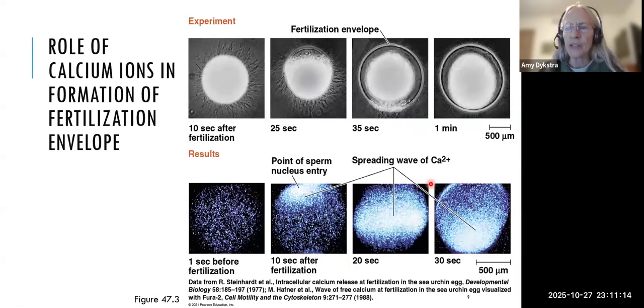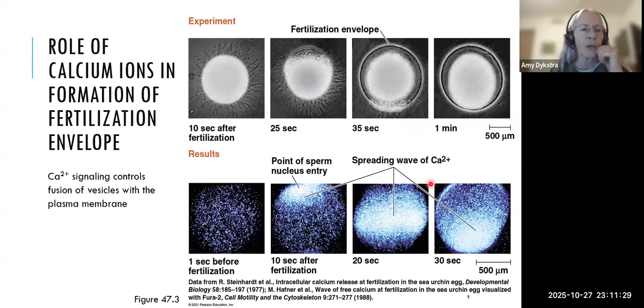Now, it is thought, or some researchers hypothesized, that calcium ions might play a role in the fusion of these cortical granules to the plasma membrane, because we have already seen that calcium signaling controls fusion of vesicles with the membrane in neuron signaling.